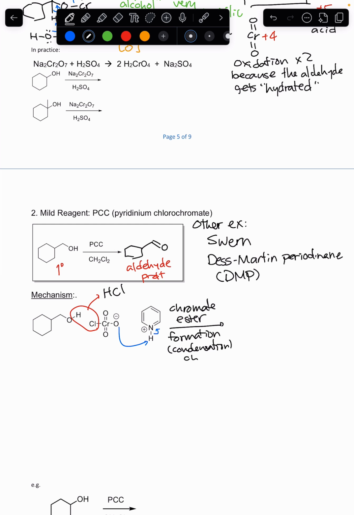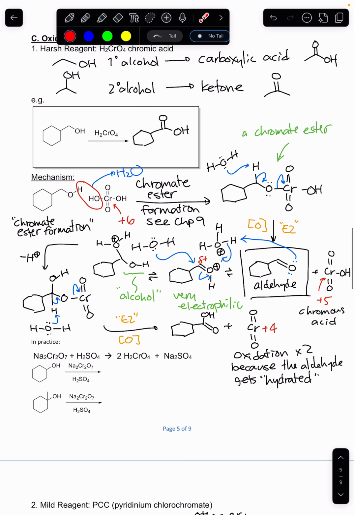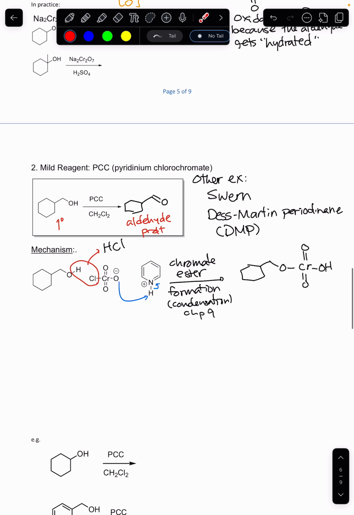Again, see chapter 9. So if you're pretty sharp, right, you should notice that's the exact same intermediate that we had earlier. So you might ask, well, what's the difference? Well, we'll get to that in a sec.